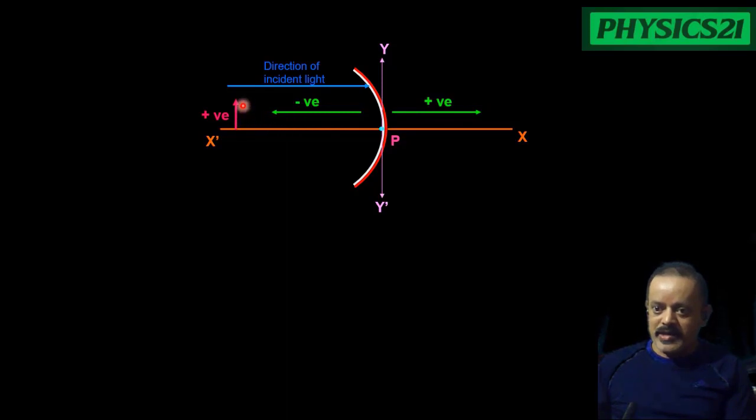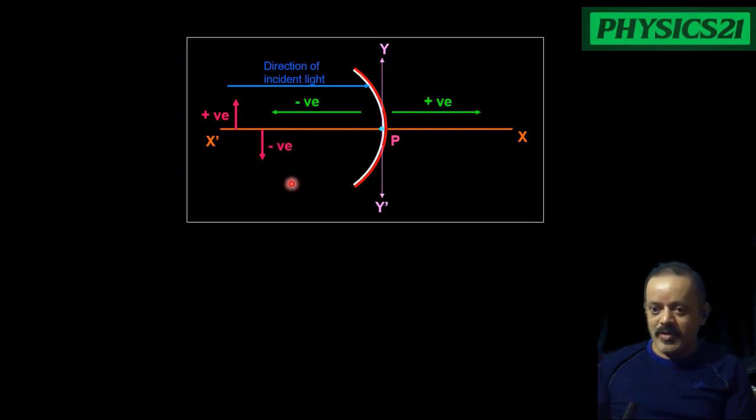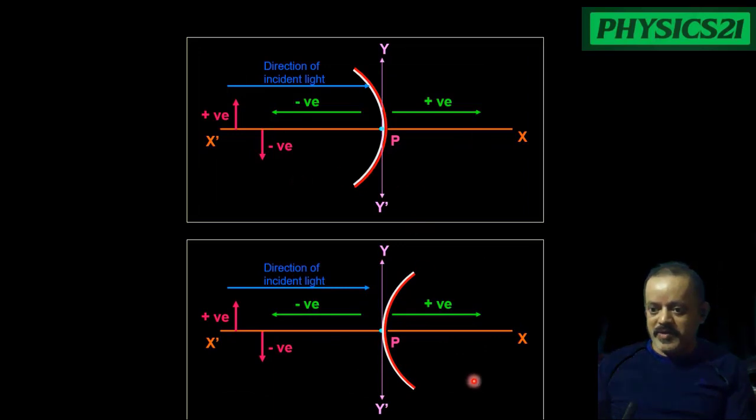Similarly, the height of object and height of image above the principal axis are positive, and below the principal axis are negative. This one is for the convex mirror. Remember, the focal length of the concave mirror will be negative. On the other hand, the focal length of the convex mirror will be positive according to the Cartesian sign convention.